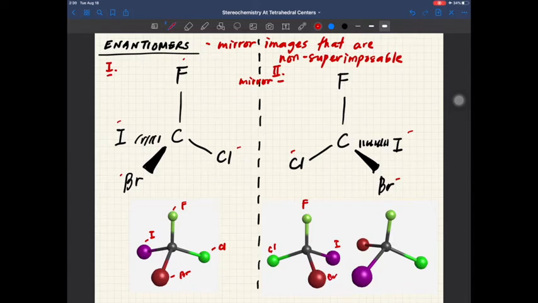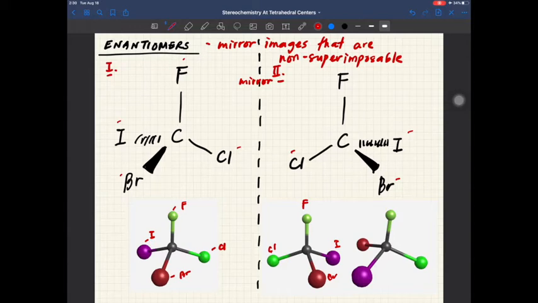Now, what does non-superimposability mean? Non-superimposability means that you cannot stack them on top of each other in such a way that they assume the same shape or conformation. A very fine example of enantiomers are our left and right hands. The mirror image of our left hand is our right hand, but take note that both of our hands are non-superimposable on each other.